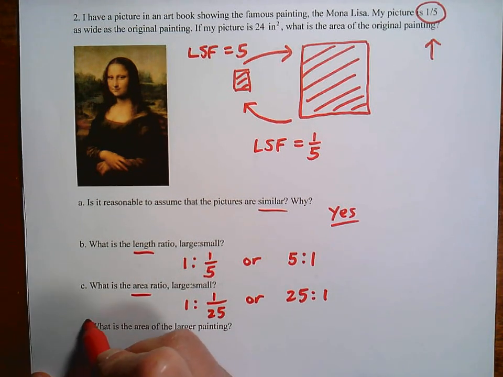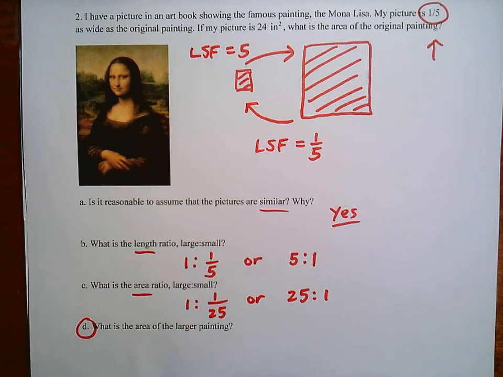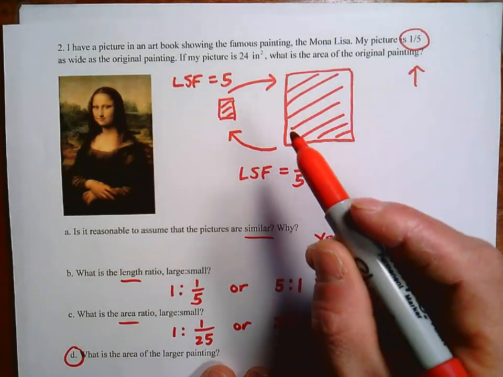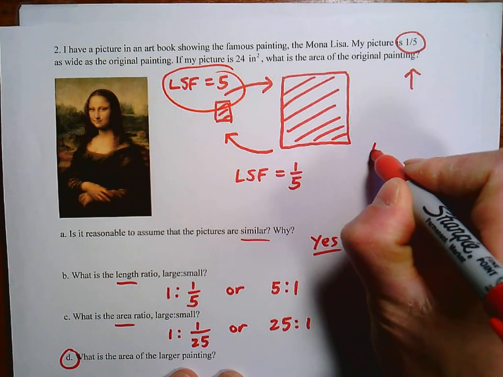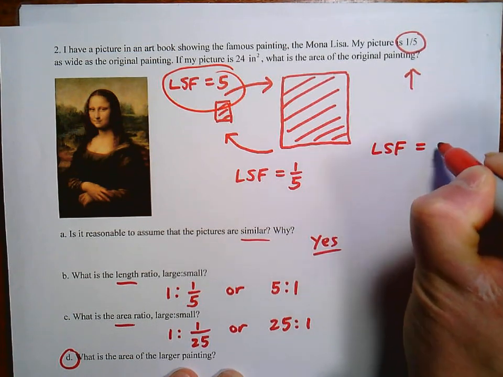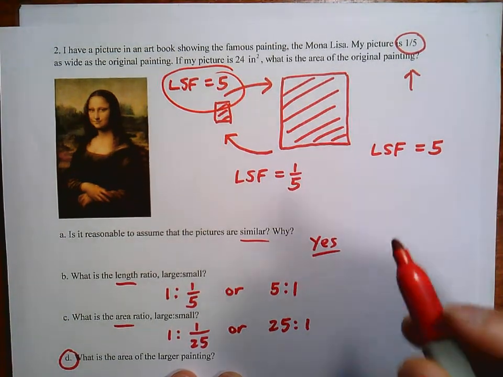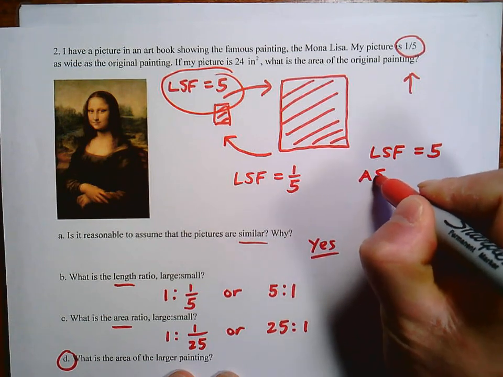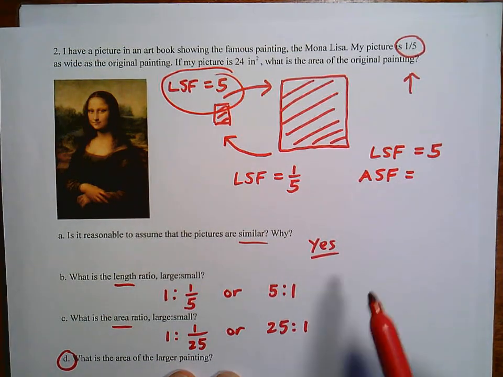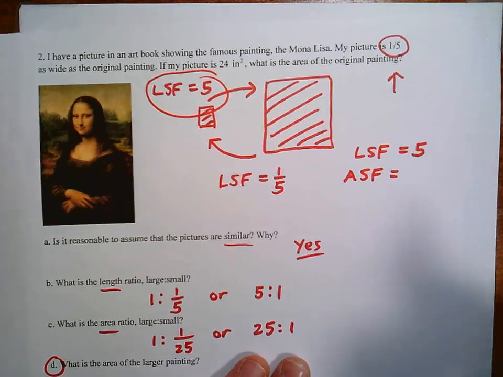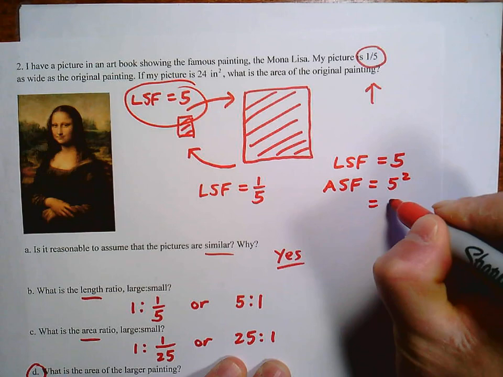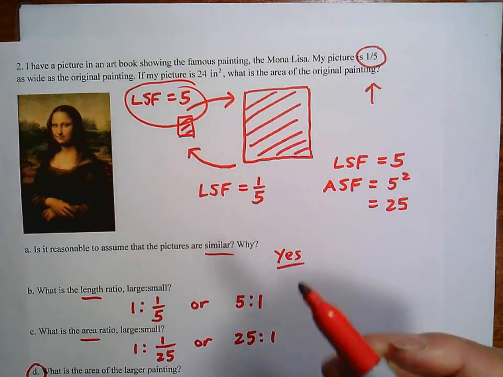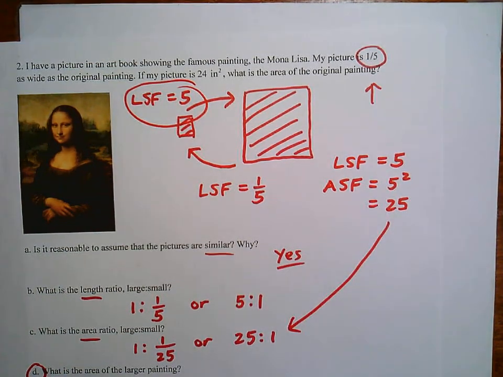And then with this, you can do these calculations. So how big is the larger painting? This goes back to the length scale factor, which is 5. If the length scale factor is 5, then we saw in that earlier video, the area scale factor is the length scale factor squared. 5 times 5, that's where all of this information comes from.